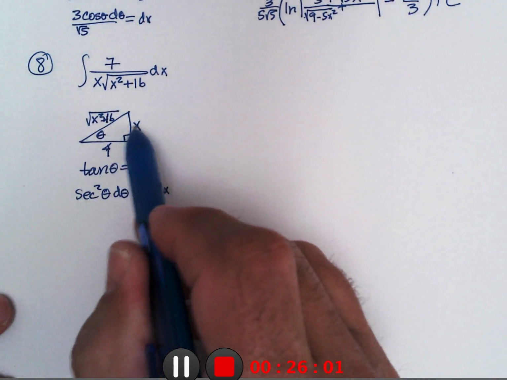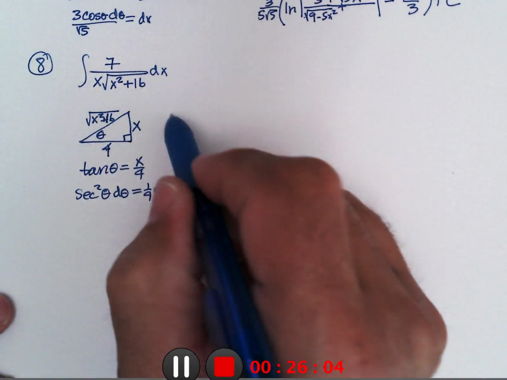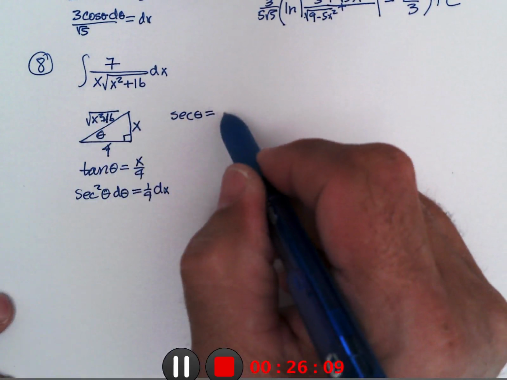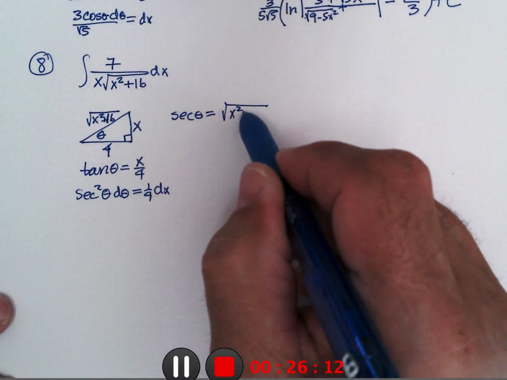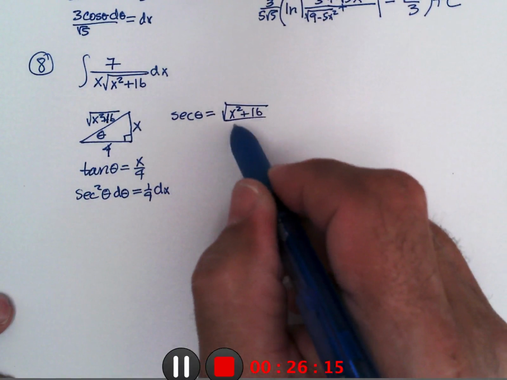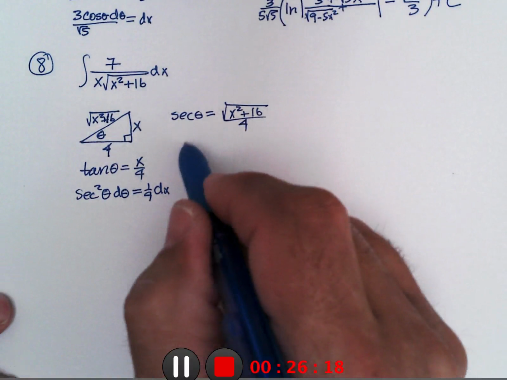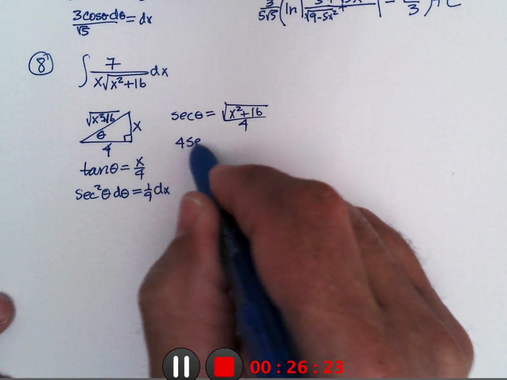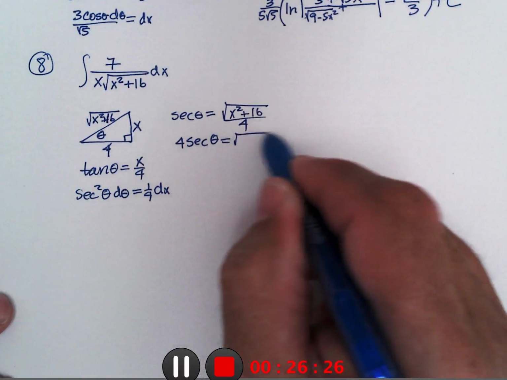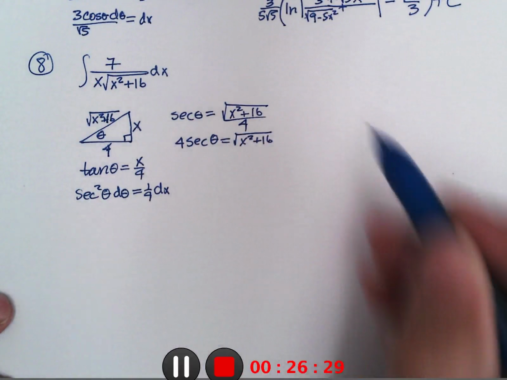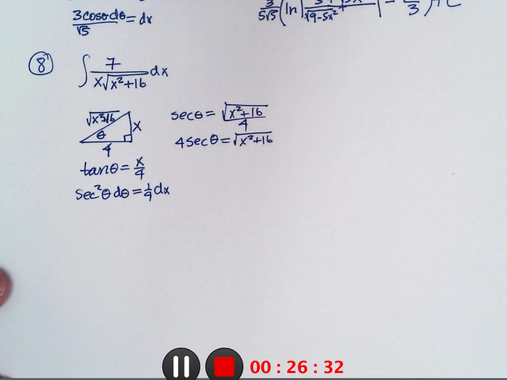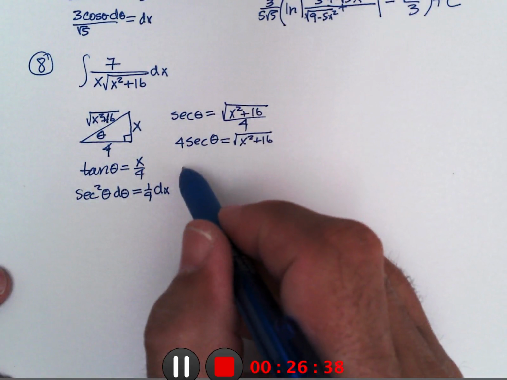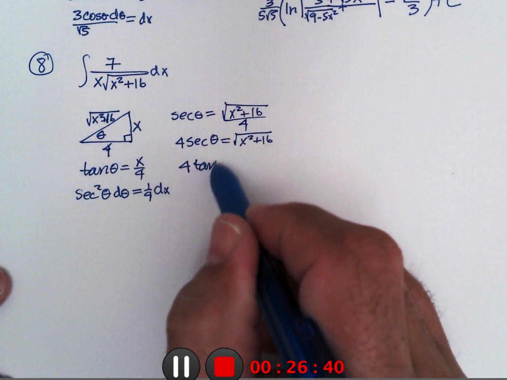I'm going to use this one, and that would be the secant of theta is the hypotenuse over the adjacent, so 4 secant theta is that square root. And let's see, I need to know x. So I can multiply both sides of this by 4 and get 4 tangent theta is x.